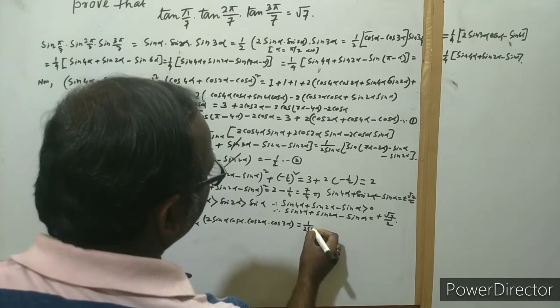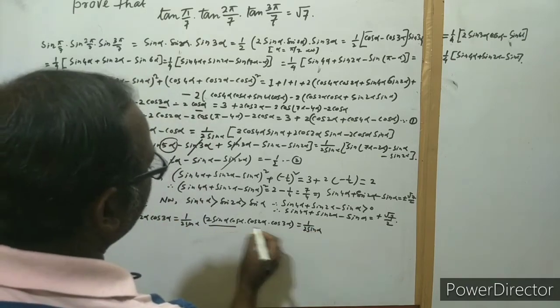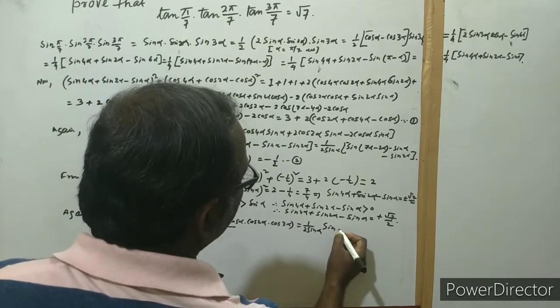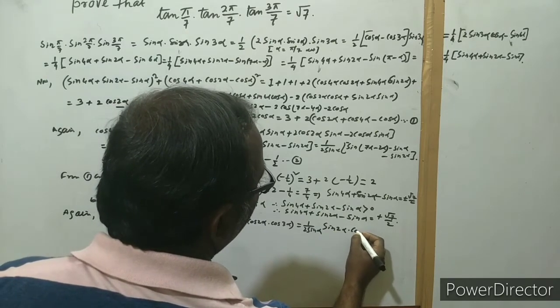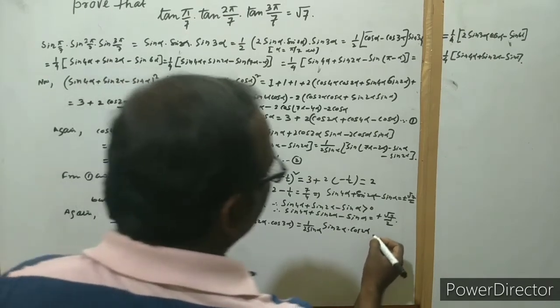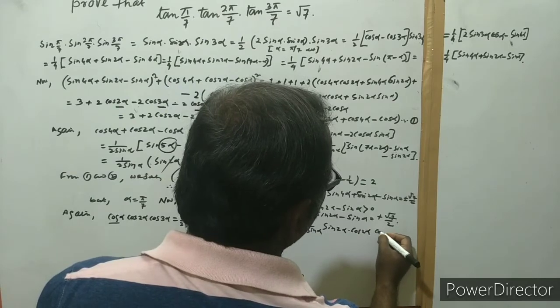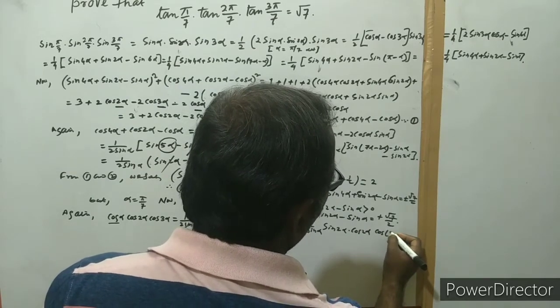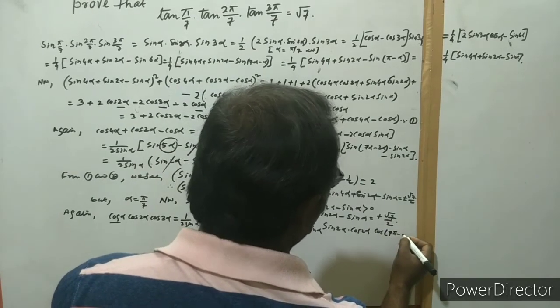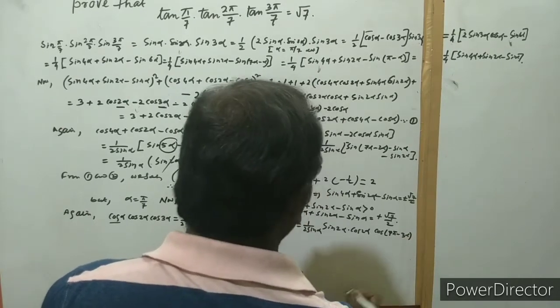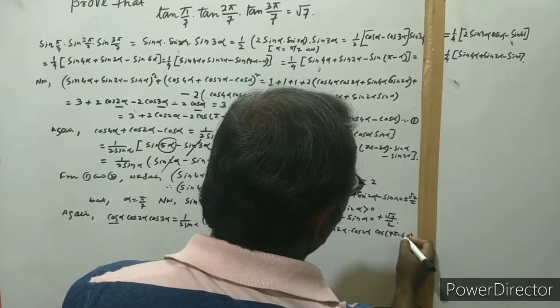So 1 by 2 sin alpha, and multiplying by this here we get sin 2 alpha cos 2 alpha, and this is here cos of 7 pi minus 3 alpha, sorry, this is here 4 alpha.